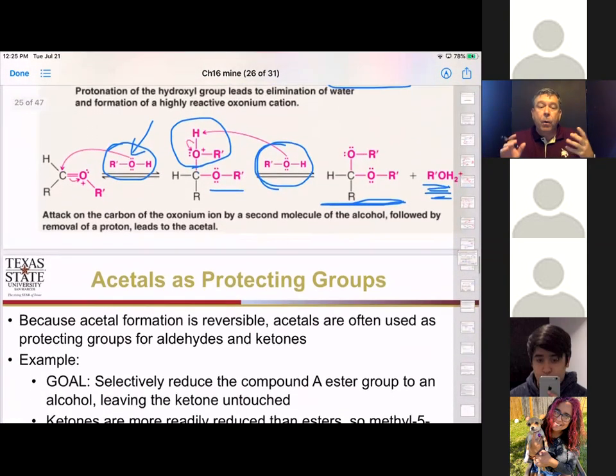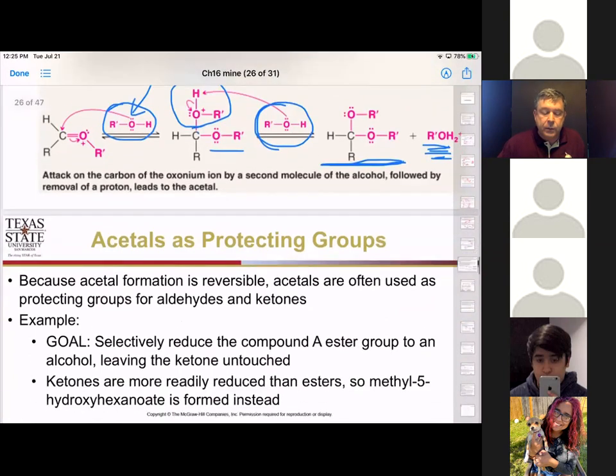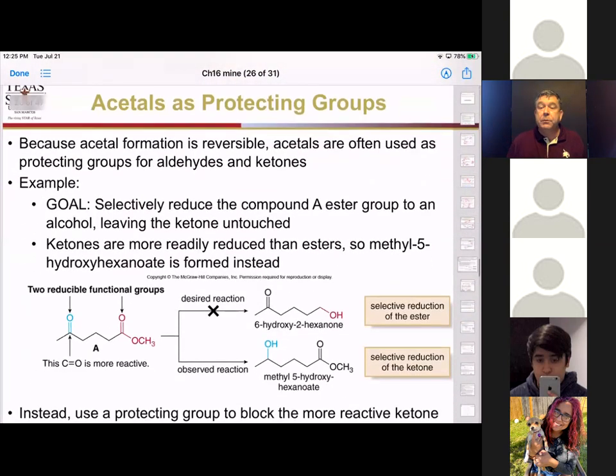Okay, so the whole reason we talk about acetals is we like to use them as protecting groups. Remember, in the last chapter, we introduced a protecting group where we took the acidic proton off of alcohols with a silicon group. We only did that because we couldn't react Grignard reagents and other things with these protonated species.